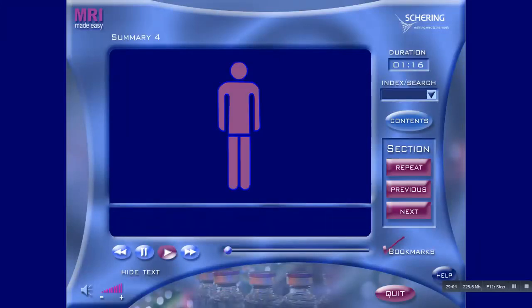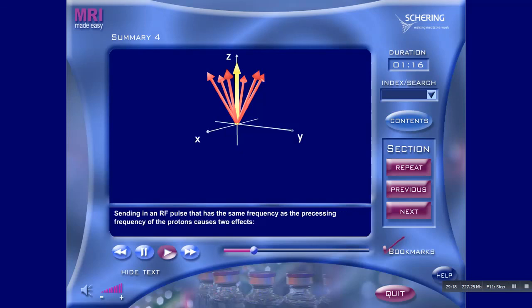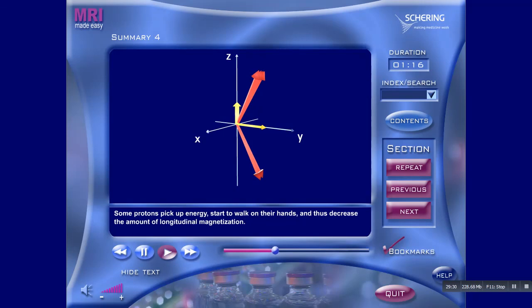Let us just repeat. When we put the patient in the MR machine, a magnetic field in the patient, longitudinal to the external field, results. Sending in an RF pulse that has the same frequency as the precessing frequency of the protons causes 2 effects. Some protons pick up energy, start to walk on their hands, and thus decrease the amount of longitudinal magnetization.